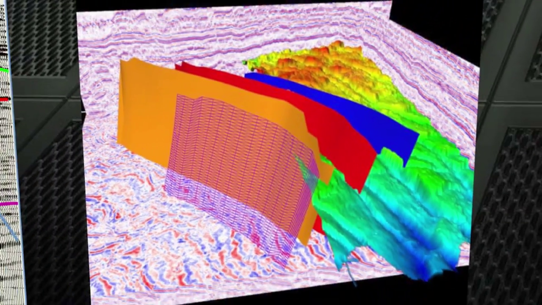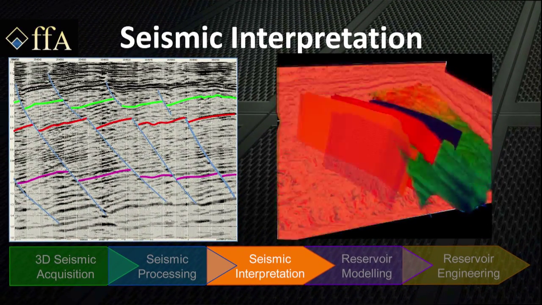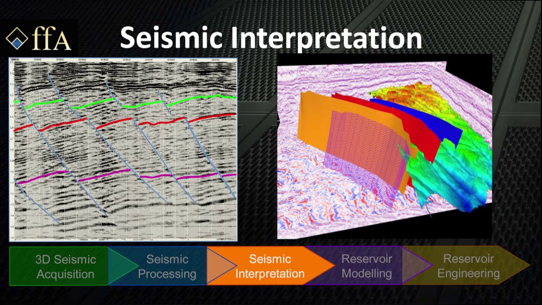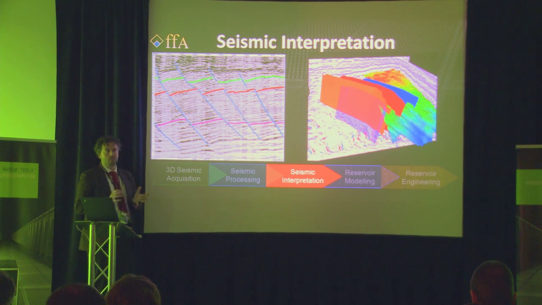Now there are 3D visualization tools that allow geophysicists to pick and define these surfaces, faults and event horizons, more rapidly than before, and they're able to consider it as a 3D object, which is good.